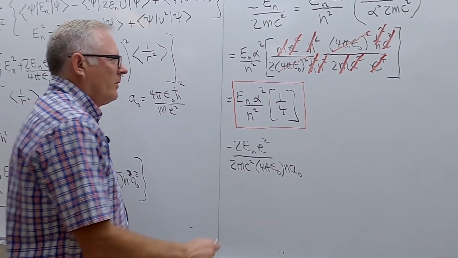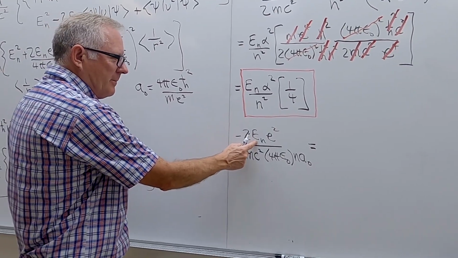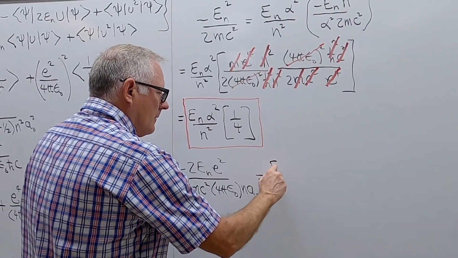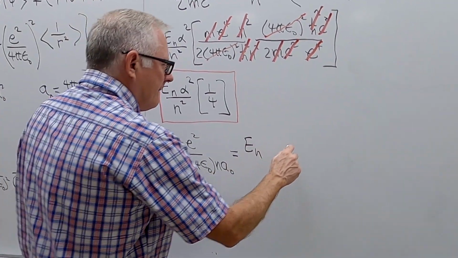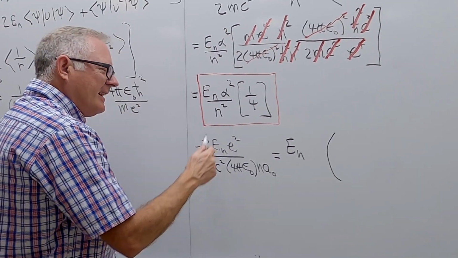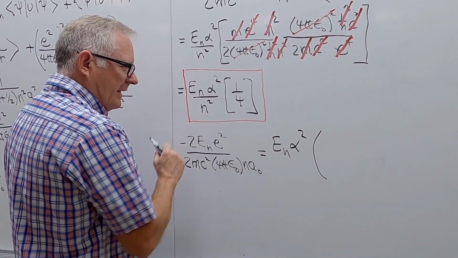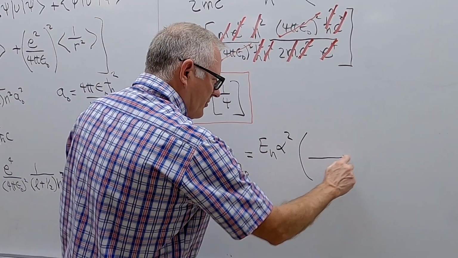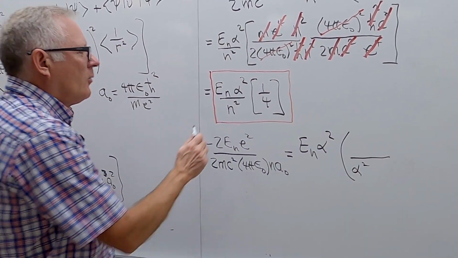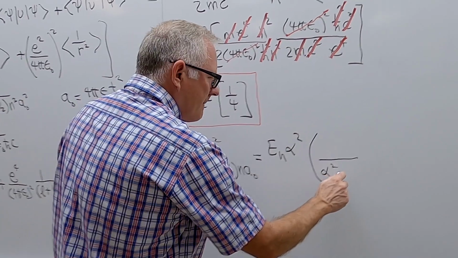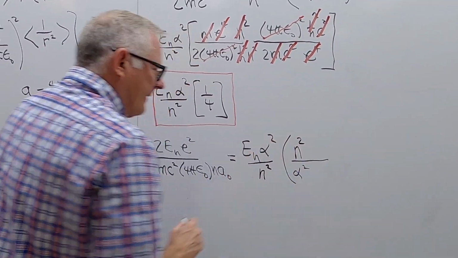Okay, so what did we want to do? I'll do the same thing what I did with before. I'll factor out the e sub n. But I only have one, so I won't have another one inside. And I need an alpha squared here, because I want it to look like this. So I'll put an alpha squared down below. I want an n squared here, so I'll put an n squared there.